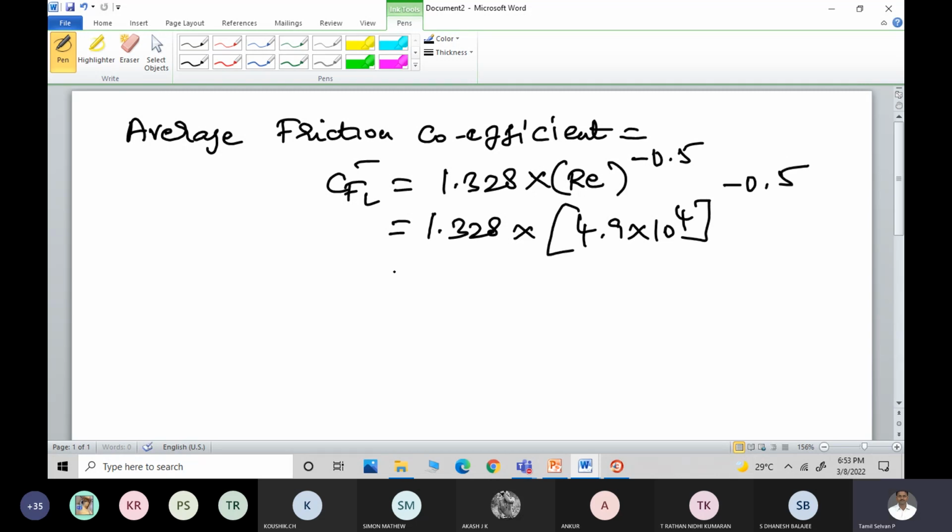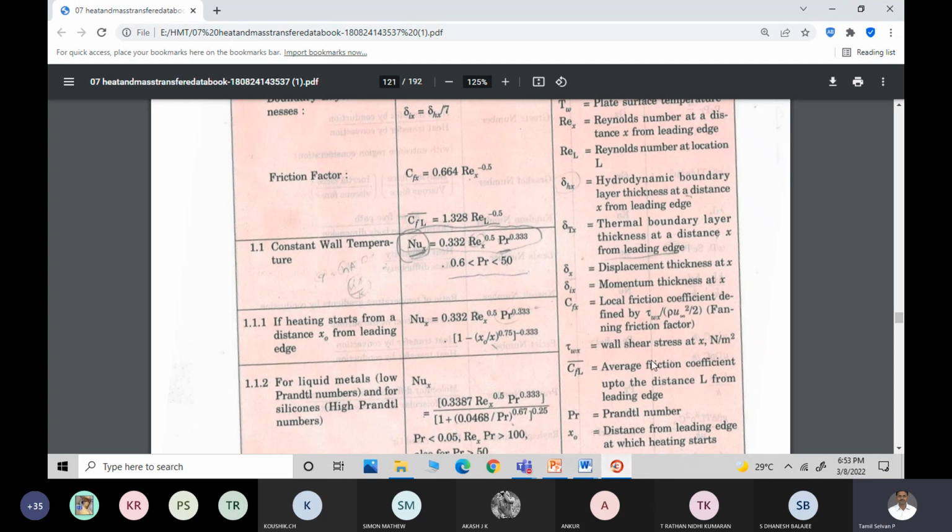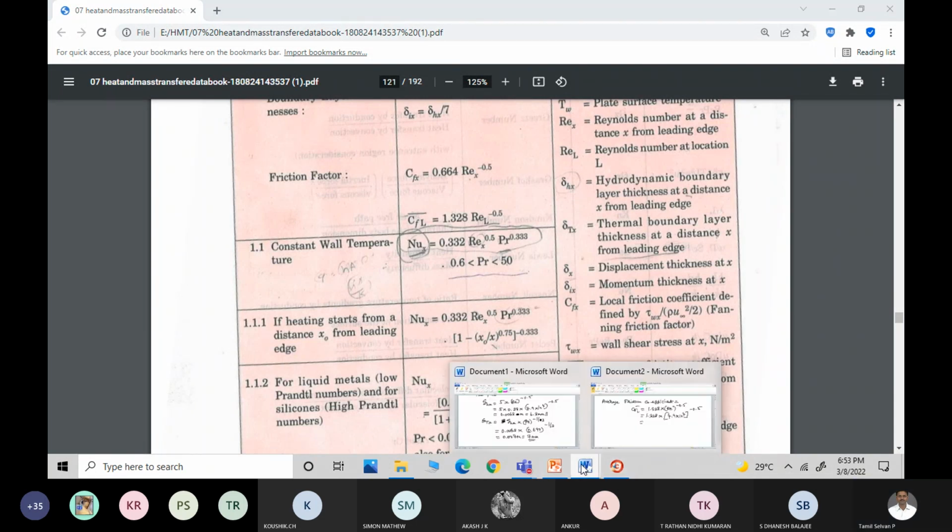So this is the average friction coefficient. After finding it, the next one is shear stress. Shear stress: Cfx is equal to tau Wx divided by rho u squared by 2.